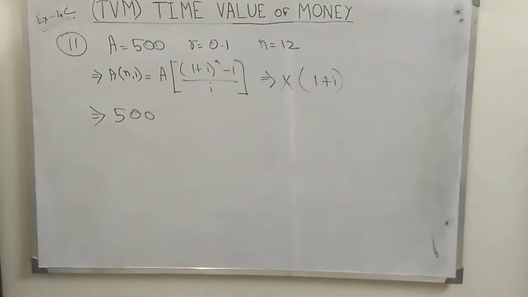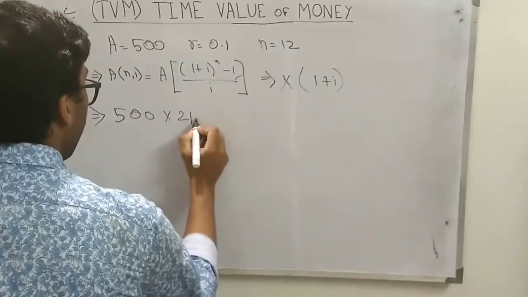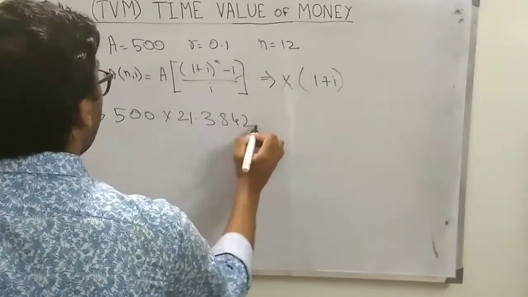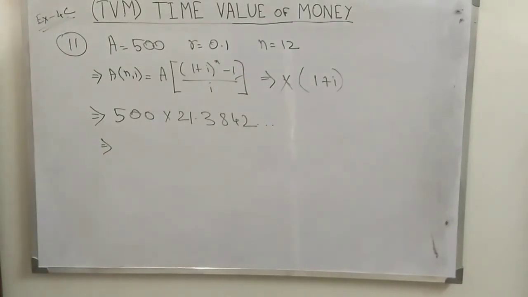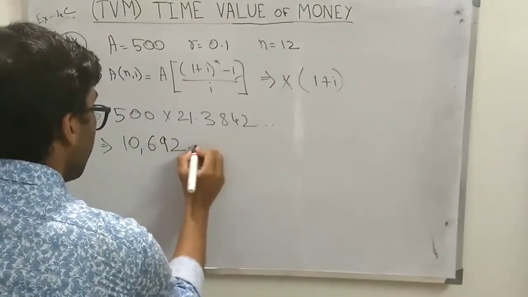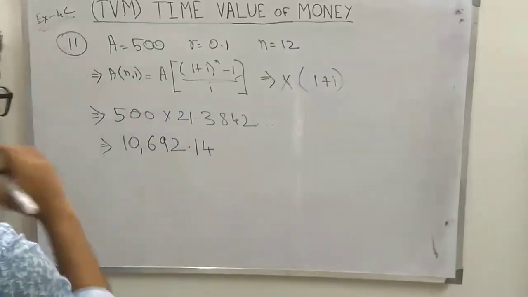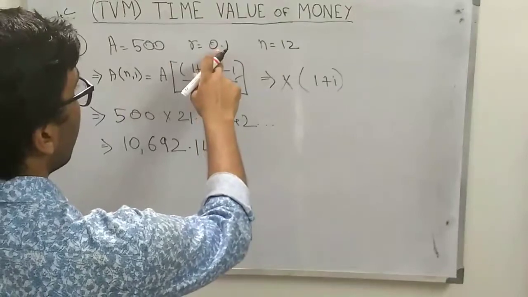3.1384 minus 1, divided by 0.1, the value is 21.3842. Multiply this with 500 and you get 10,692.14. Now multiply this amount with 1 plus i, that means 1.1.